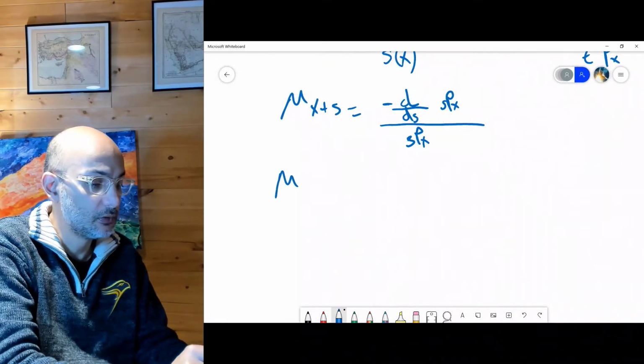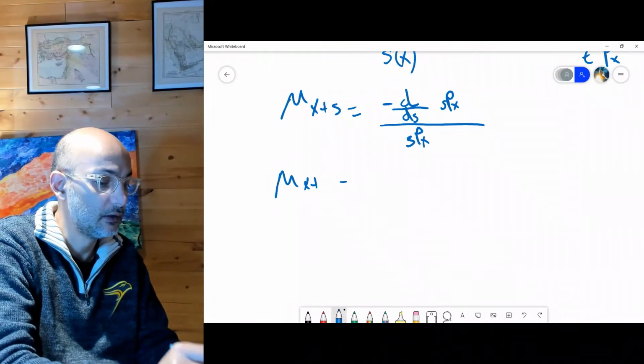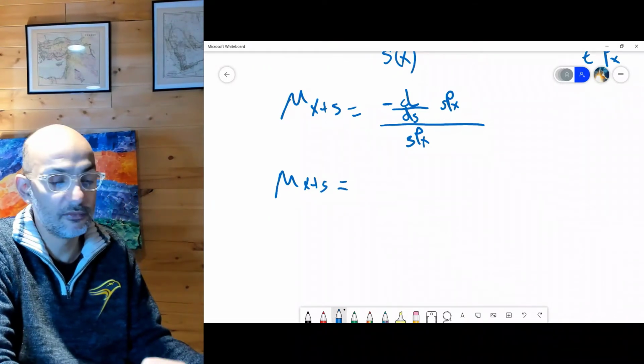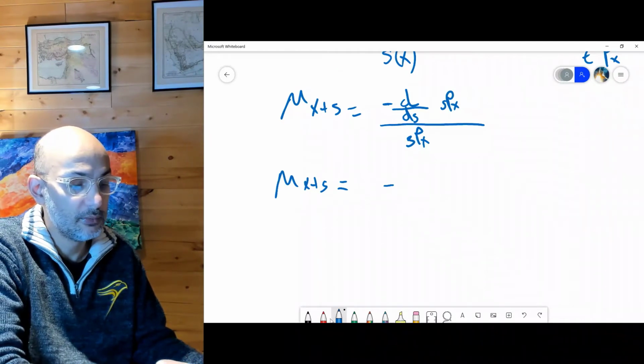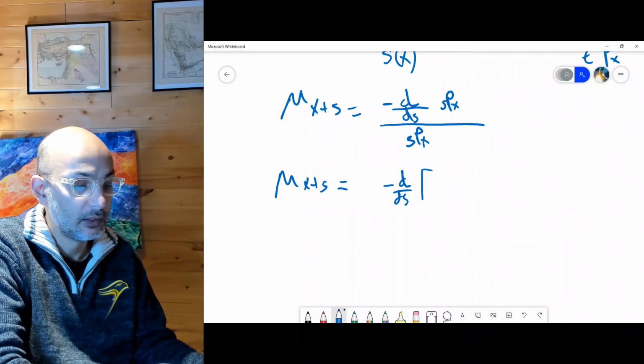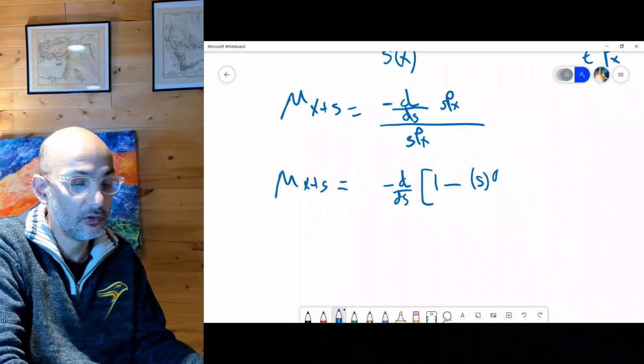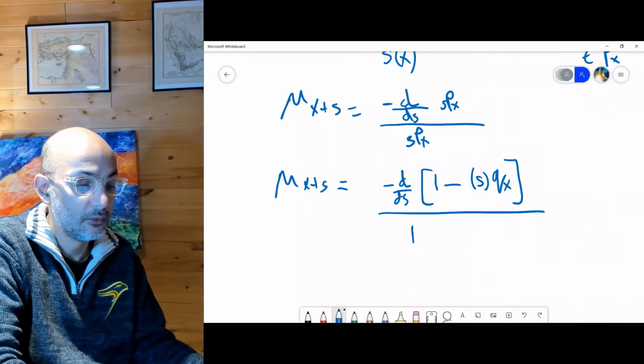So mu x plus s now becomes minus d ds of (1 minus s q x) divided by (1 minus s q x).